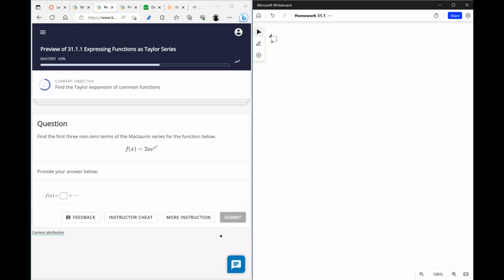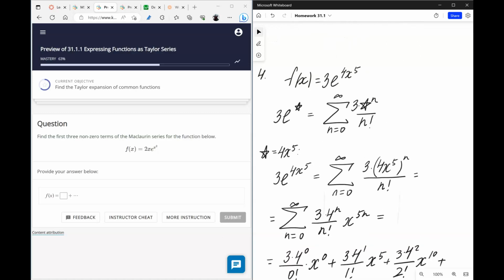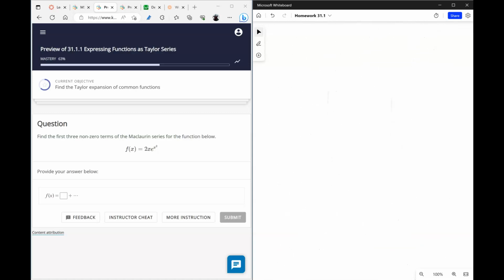Oh, was it 5? We have f of x. Now, here we're going to recall the fact that e to any power is that power to the power n over n factorial.